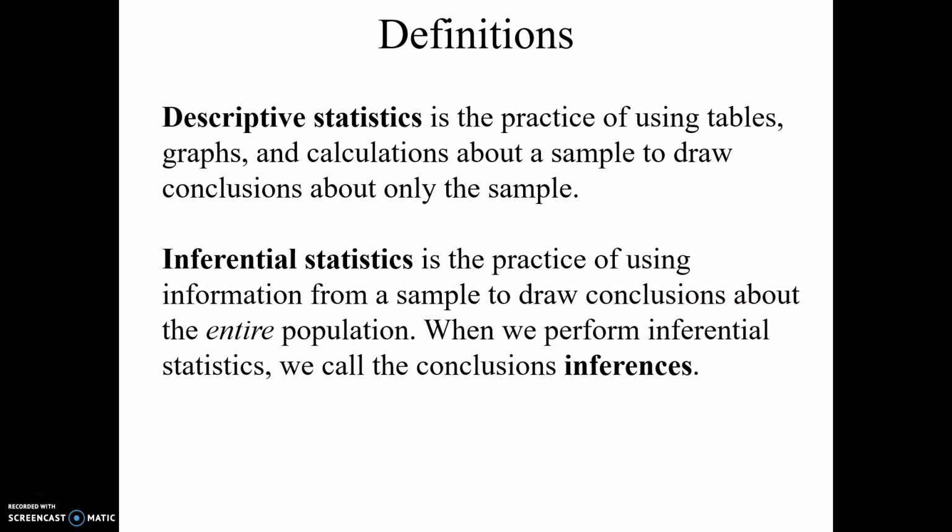Here are a couple more definitions. Descriptive statistics is a practice of using tables, graphs, and calculations about a sample to draw conclusions. So once the data is calculated, the descriptive statistic summarizes the data. Inferential statistics is a practice of using information from a sample. So in our previous case, we take the information from a sample of 785 college students.